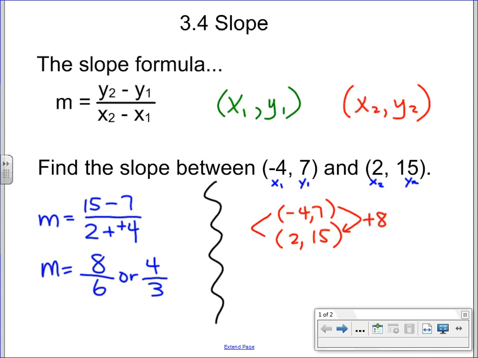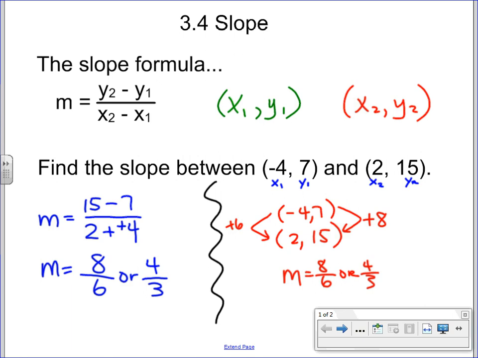From -4 to 2, the x values are going up by 6. So if you remember, slope is rise over run. Okay, rise is up and down. That's your y value. So your slope is going to be, again, a +8 over +6, which is the same as 4/3. Okay, so no matter which way you decide to find your slope, they're both going to be accurate.